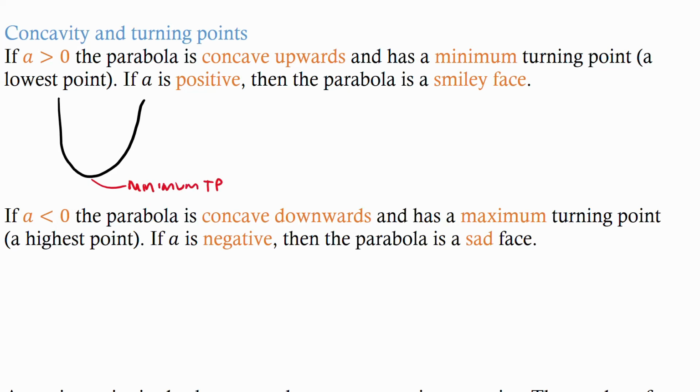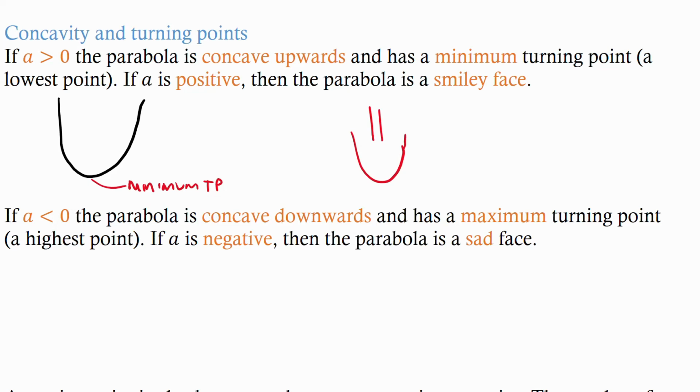It's sometimes called the vertex as well. So again, if a is positive, then the parabola is concave upwards, or the way to remember it, if a is positive, the parabola forms a smiley face. So smiley face like that.